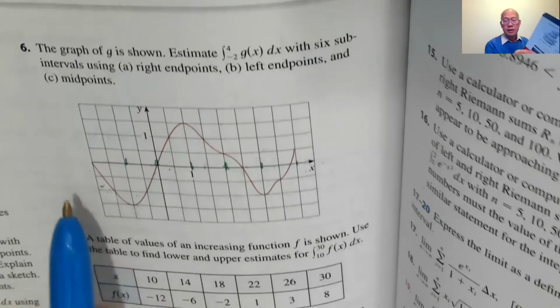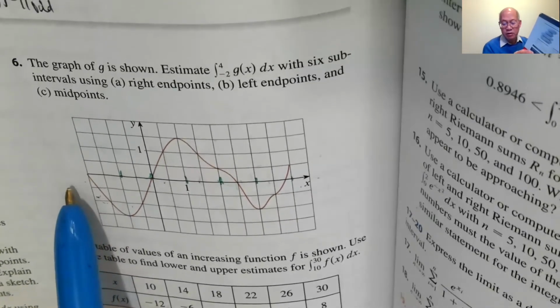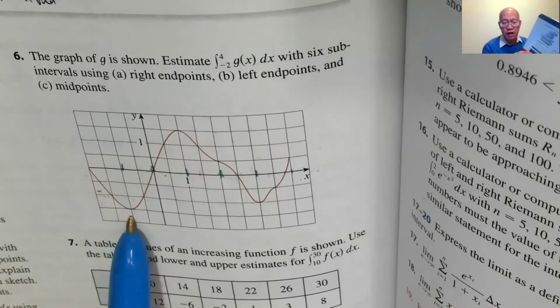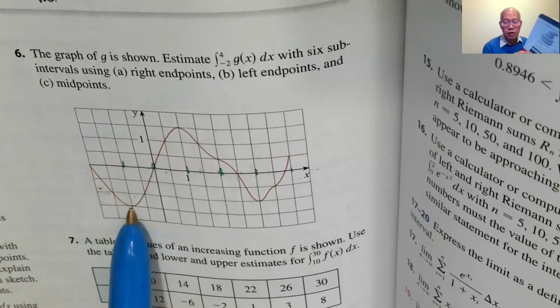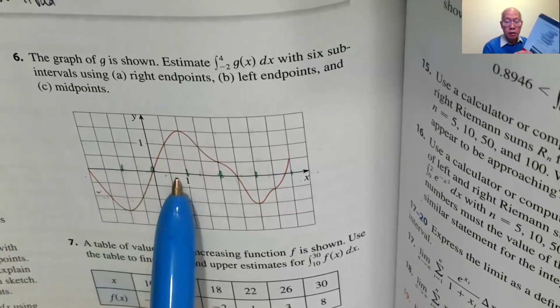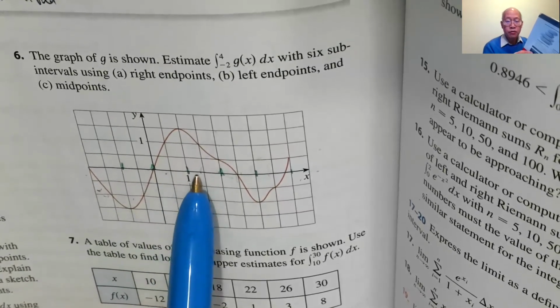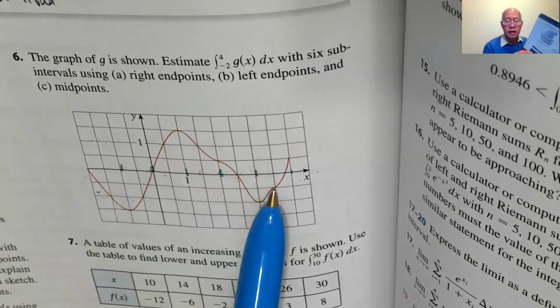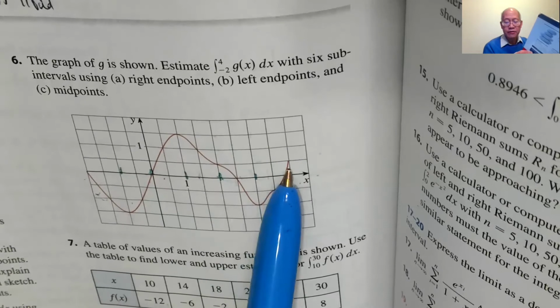So let me just see if I can get you the function values. So that I said was 0, -1.5, -1, -1.5, -1, 0. Remember, each of these is half a unit. 1, 1.5, 1, 0.5, 0, -1, -0.5, +0.5.